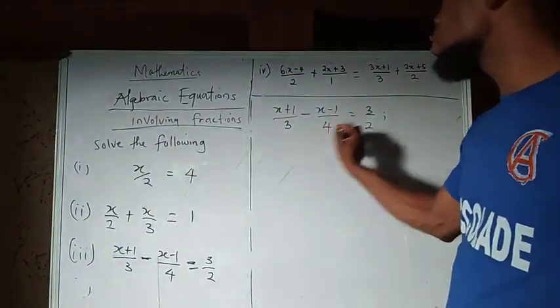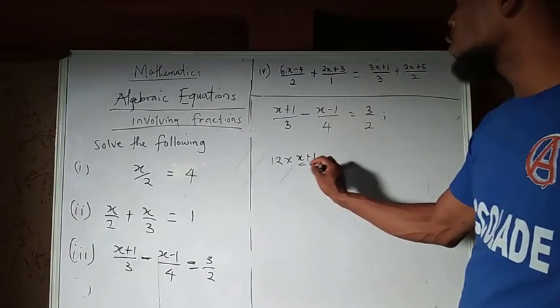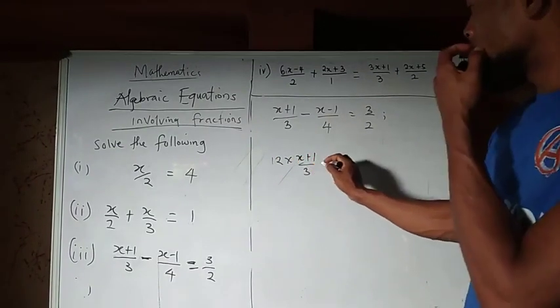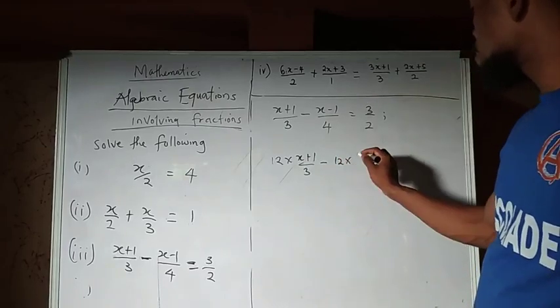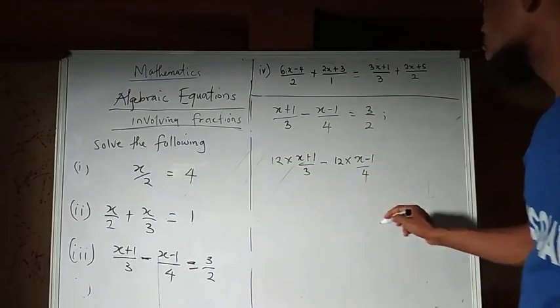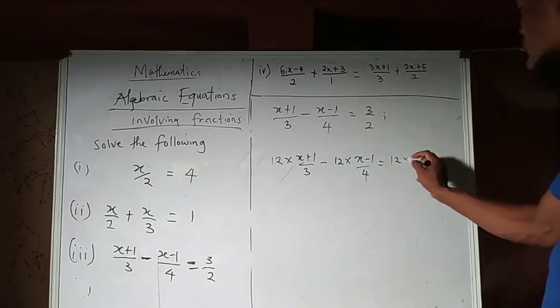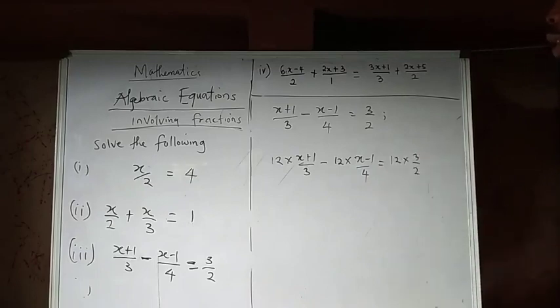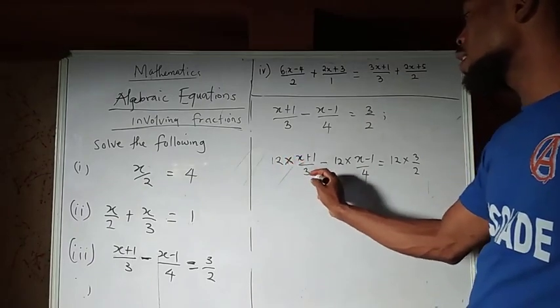Using that to multiply through, we are going to get 12 times x plus 1 over 3, minus 12 times x minus 1 over 4 equals 12 times 3 over 2. With this done, there's a multiplication sign here. This can divide this.